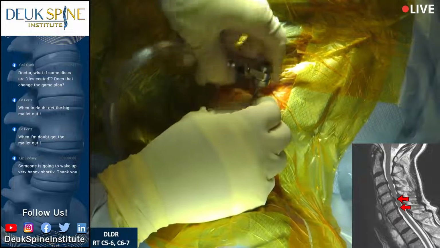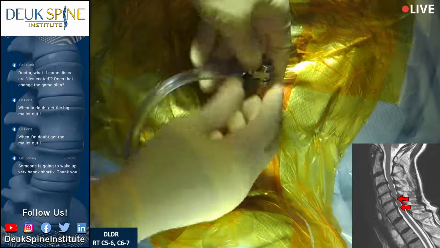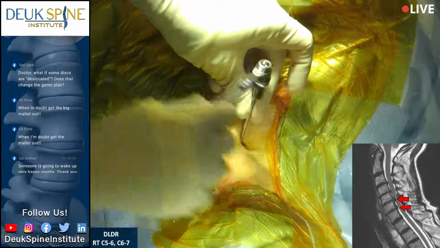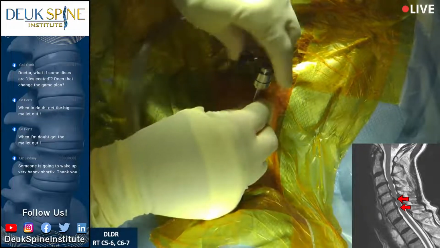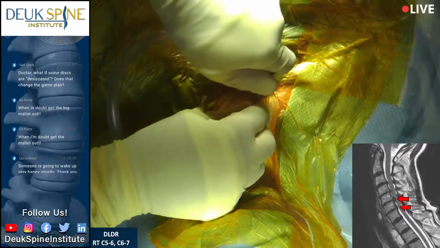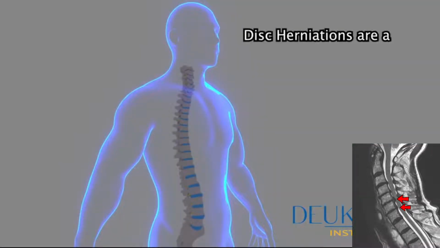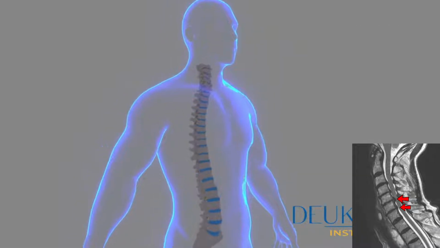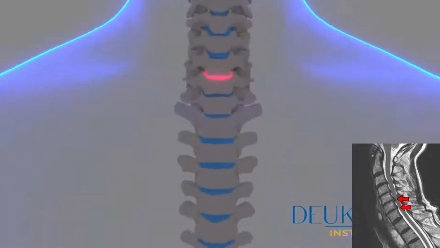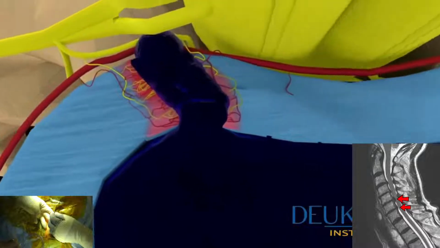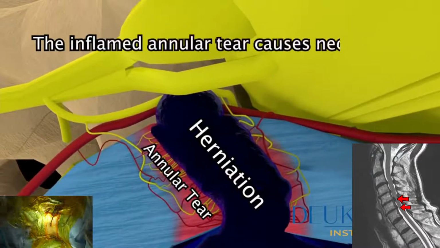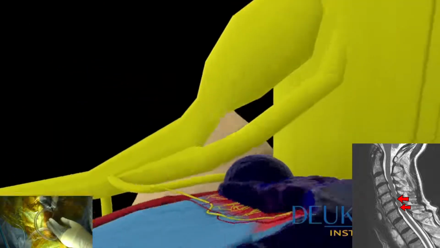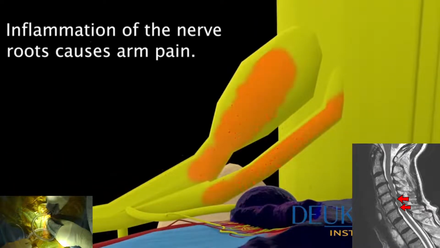Flynn, why don't you show our audience how the Deuk laser disc repair works? Disc herniations are a common cause of chronic neck pain. The inflamed annular tear causes neck pain. Inflammation of the nerve roots causes arm pain.